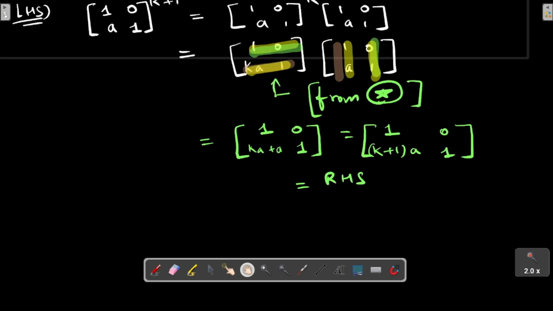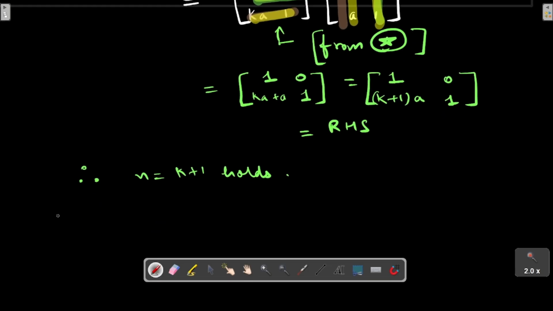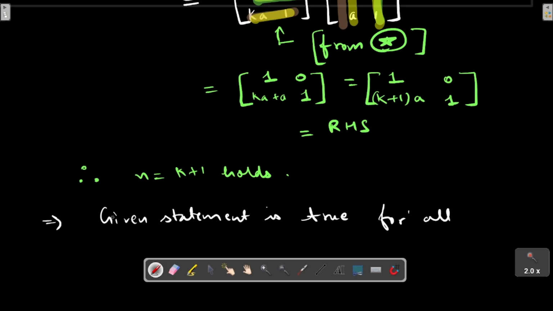Okay. Now what we can say, therefore n is equal to k plus 1 holds. So n is equal to k plus 1 holds. Then what we can finally write down, this implies given statement is true for all natural number n, right, by mathematical induction.